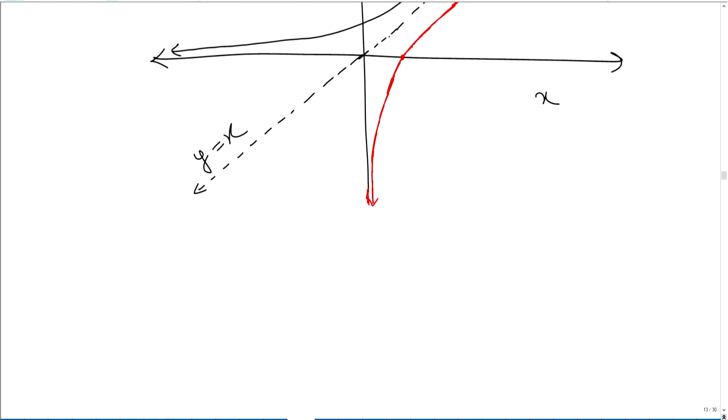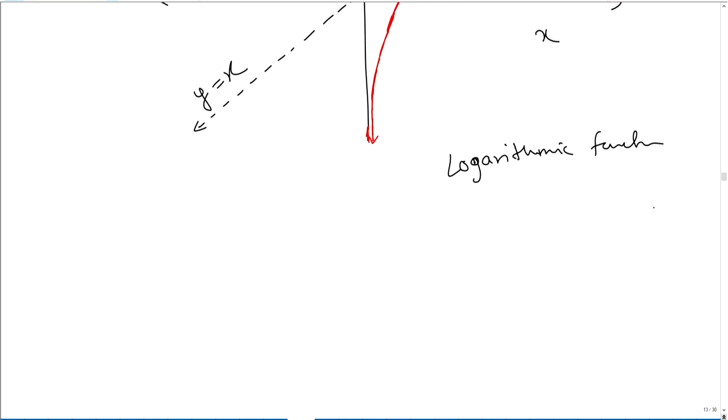So, these are also identities. Logarithmic functions. Suppose you have something like a to the power x.